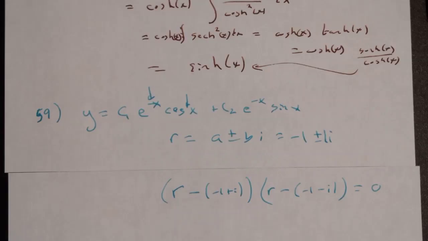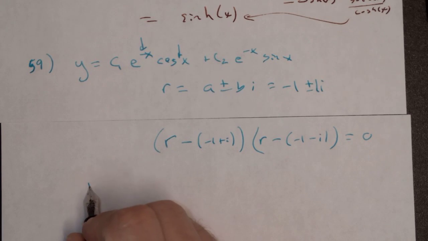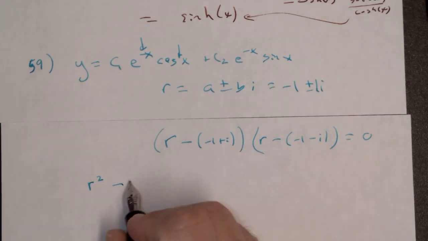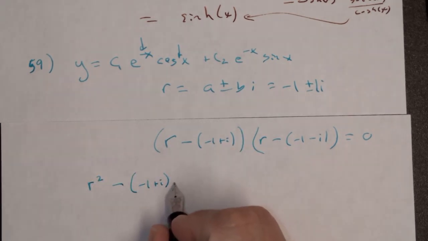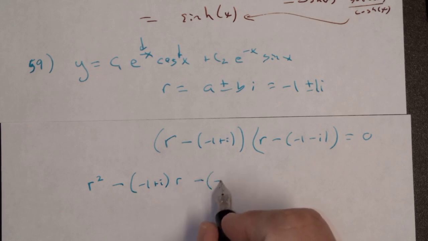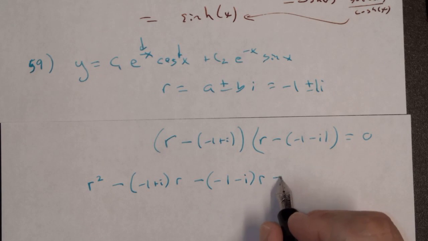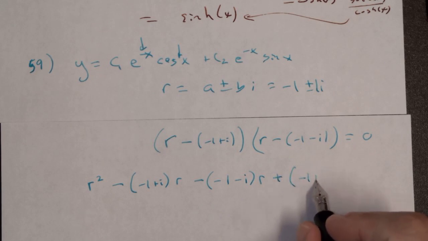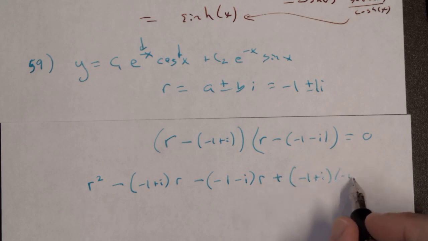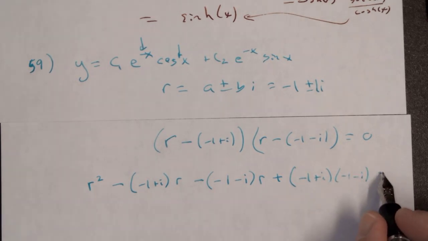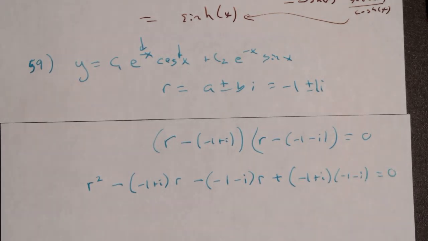But wait a second. Multiply this out. Give me a quadratic. I get r squared minus negative 1 plus i times r minus negative 1 minus i times r plus negative 1 plus i times negative 1 minus i. I just FOILed it out, right?